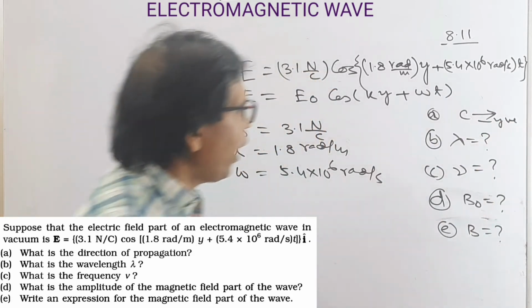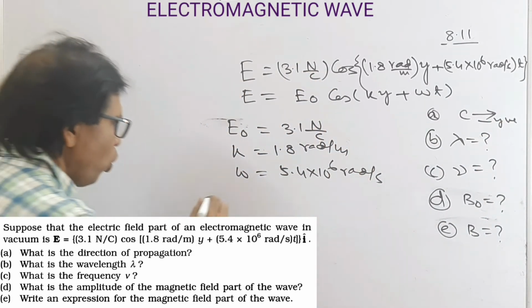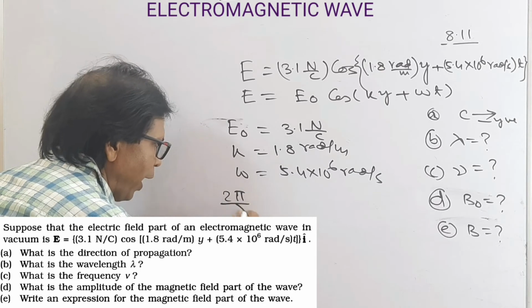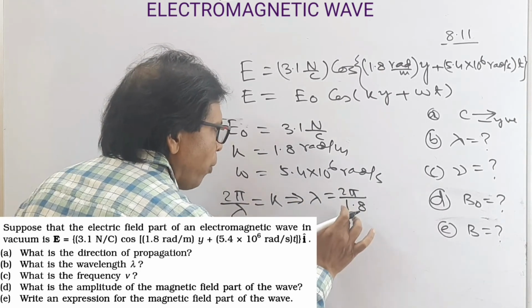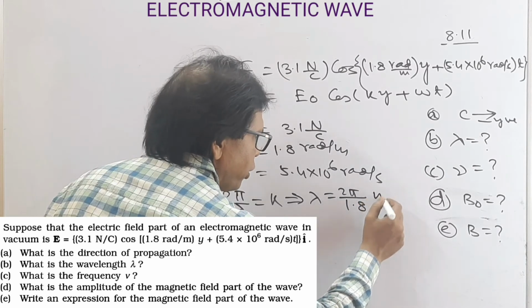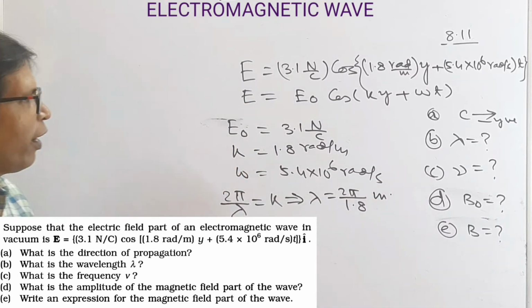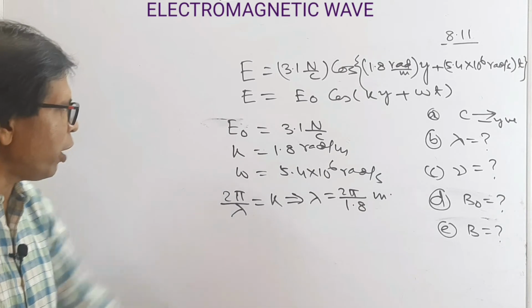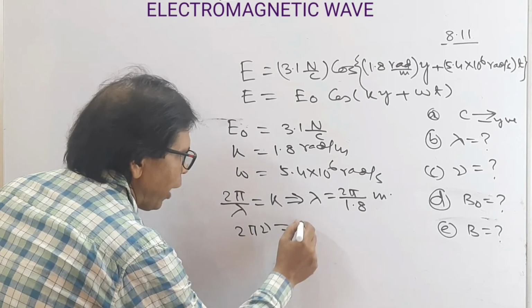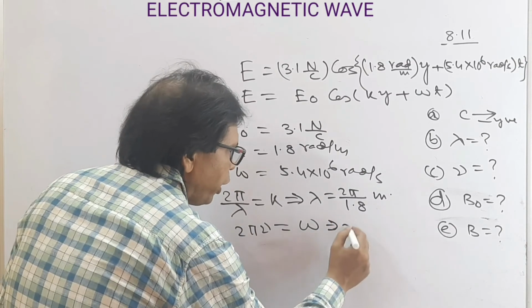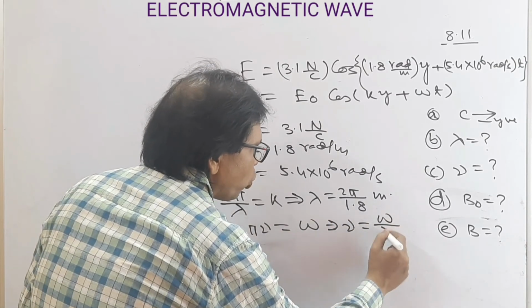Okay. Now lambda. We know 2 pi by lambda equals k. So lambda becomes 2 pi by 1.8 meter. Okay. Now what is the frequency? Now 2 pi nu is equal to omega. So nu equals omega by 2 pi.